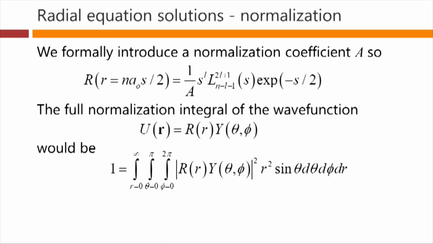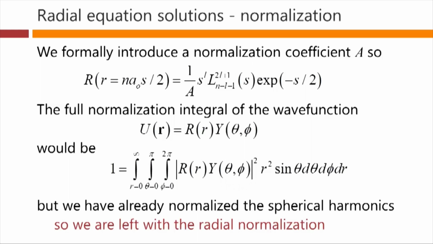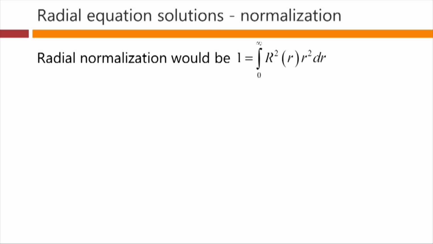Because we're working in spherical polar coordinates, the volume element that we end up working with in this equation is this r squared sine theta d theta d phi dr. But that's just coming from the spherical polar coordinates. We've already normalized the spherical harmonics, so we don't have to do that again. So we're left with the radial normalization, and the integral that we would be left with would be this one here.